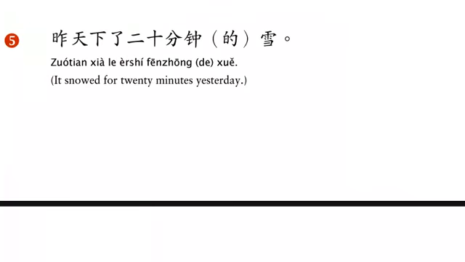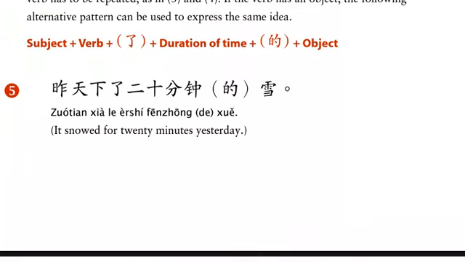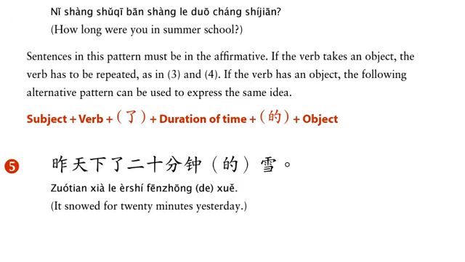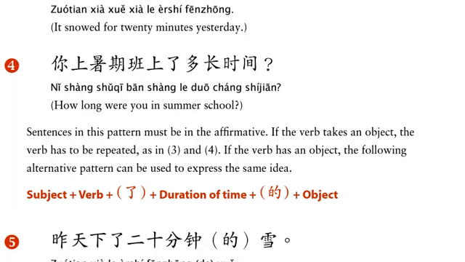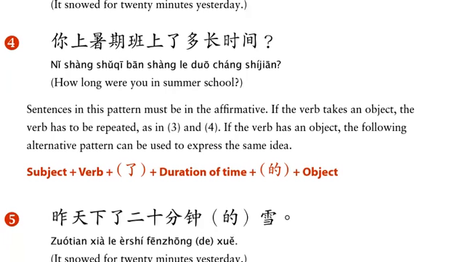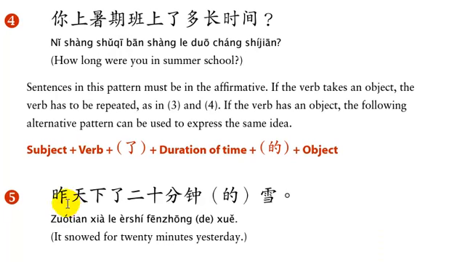So let me keep this in view so that you can compare. Let's just take a look at this one first. 昨天下了20分钟的雪. So the same thing, it snowed for 20 minutes yesterday.